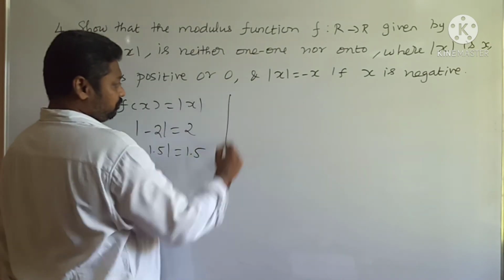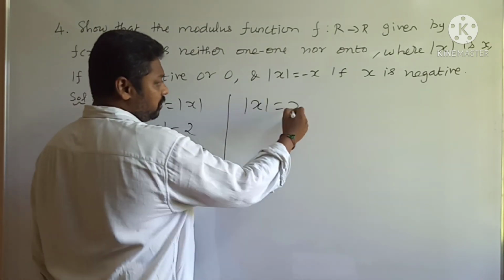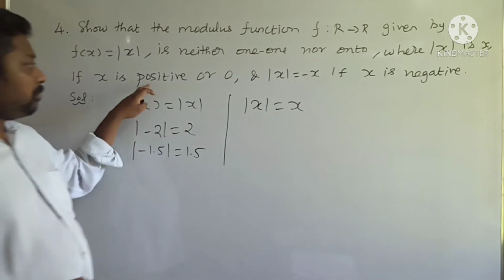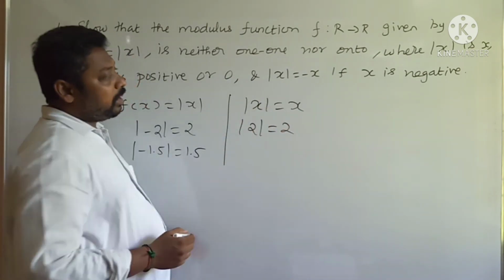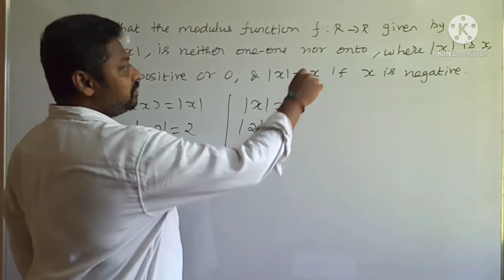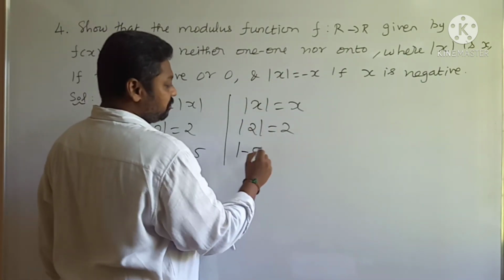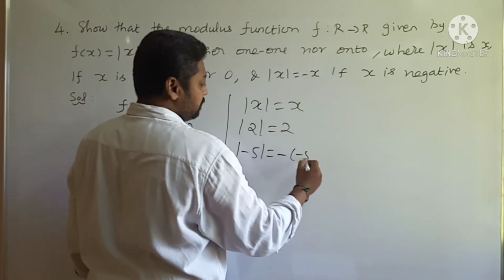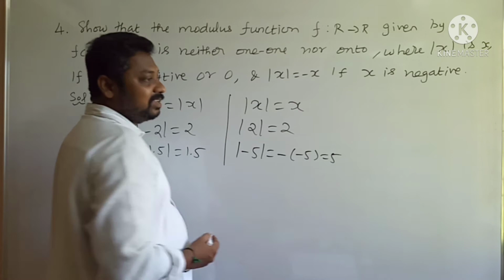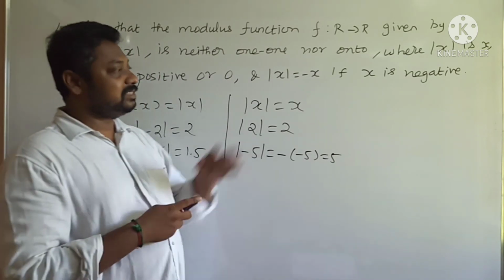So modulus of 2 is 2, and modulus x is minus x if x is negative. So for minus 5, it is minus of minus 5, which is plus 5.